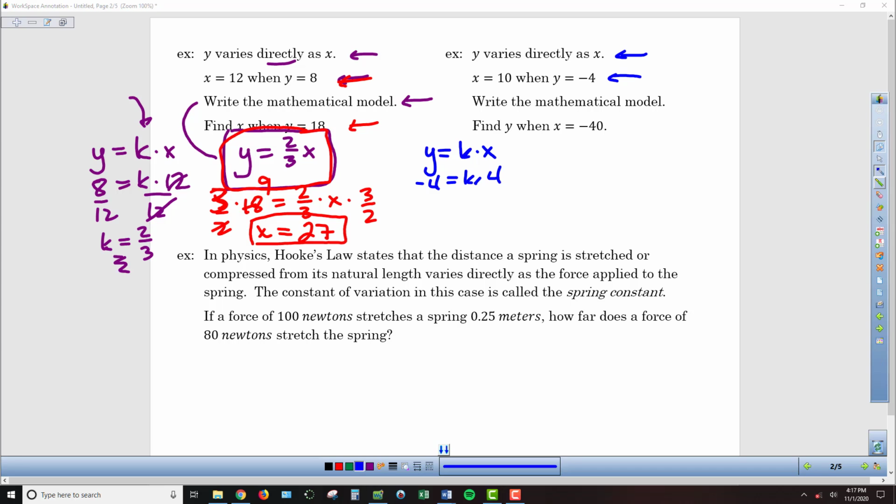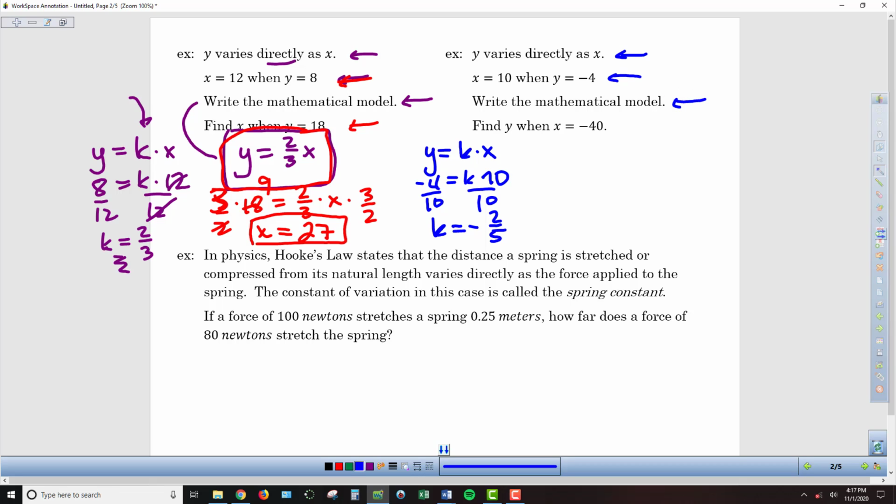Now we just divide both sides by 10 to figure out what k is. So we get -2/5. My model is then just with the k plugged in. So I get y equals -2/5 times x. There's my model equation right here.